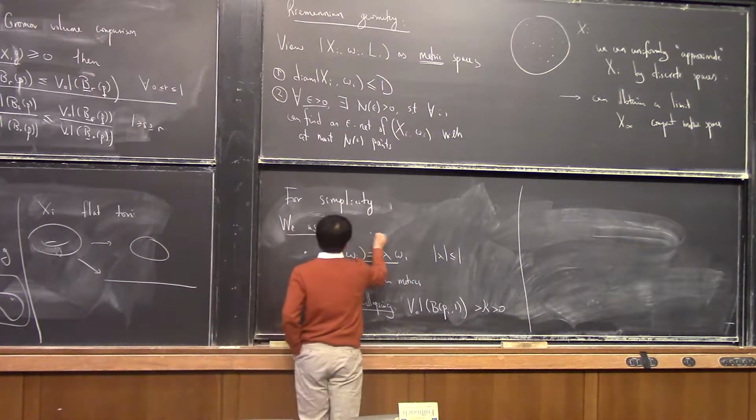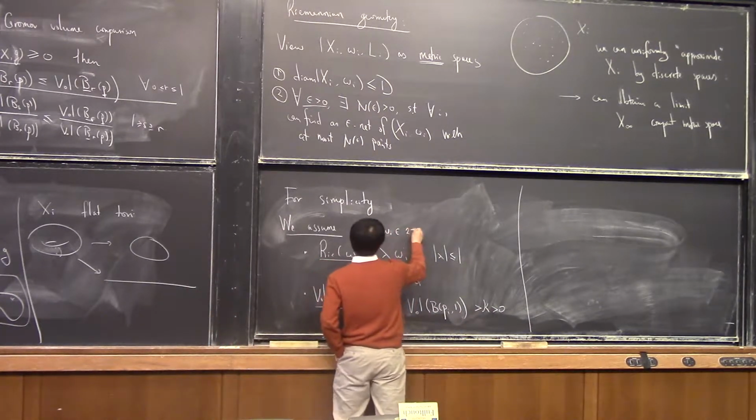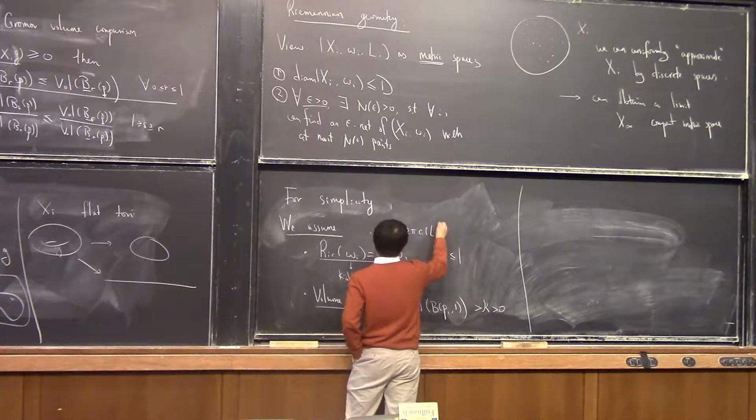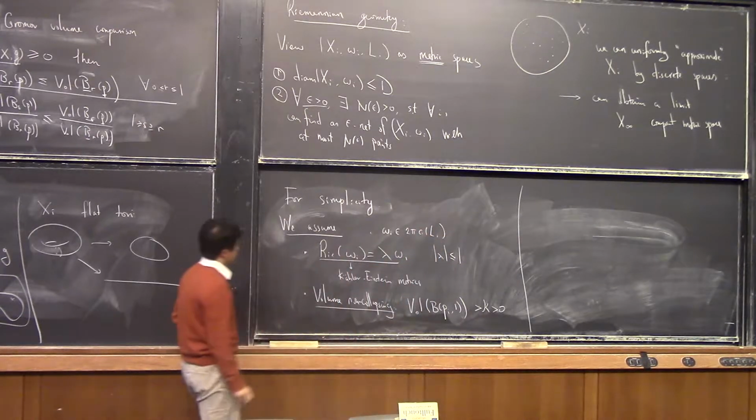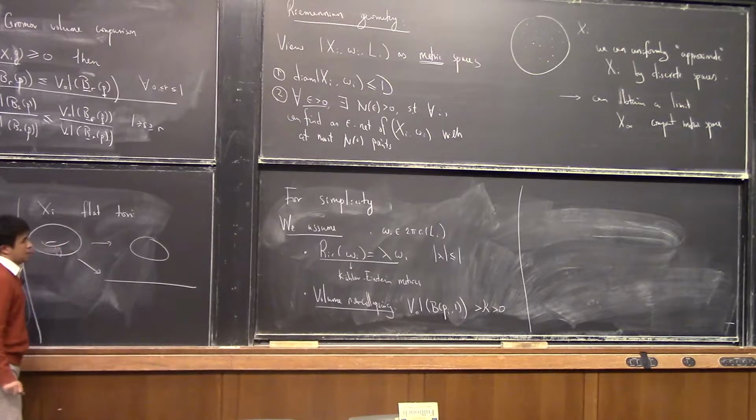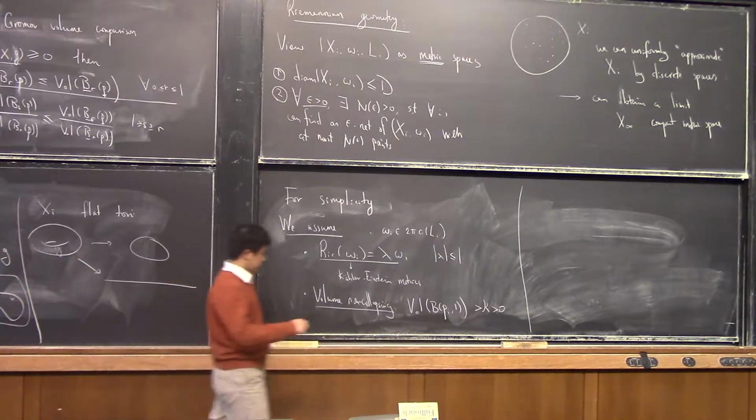Again, we have this assumption we had before. Omega I is 2 pi times a class, so they are integral.